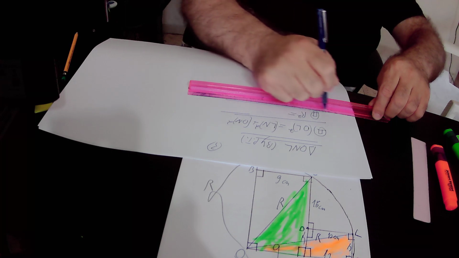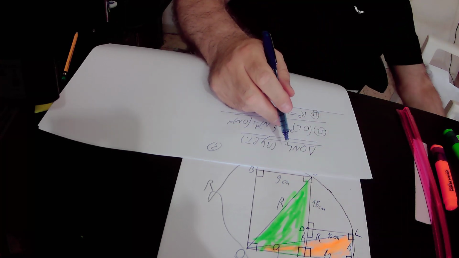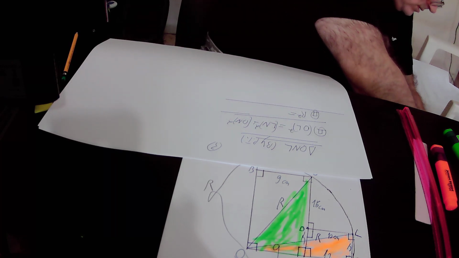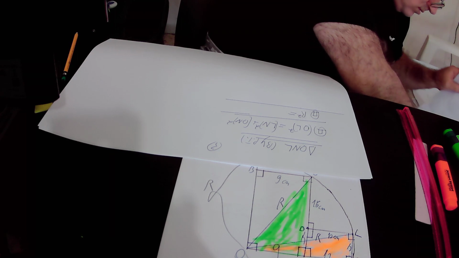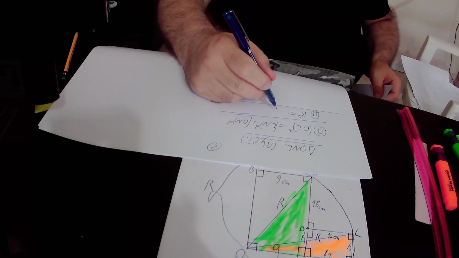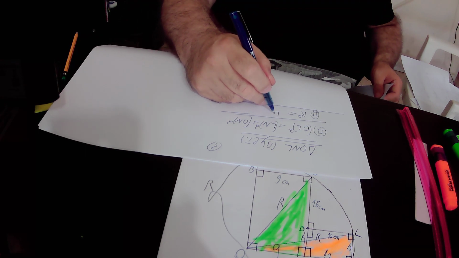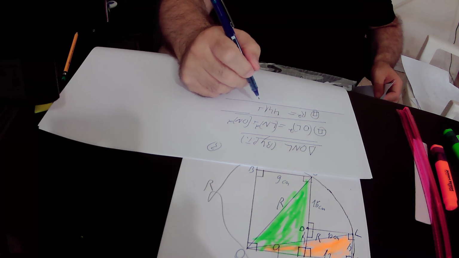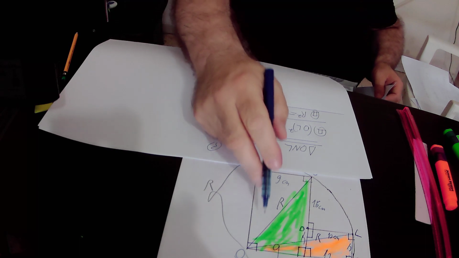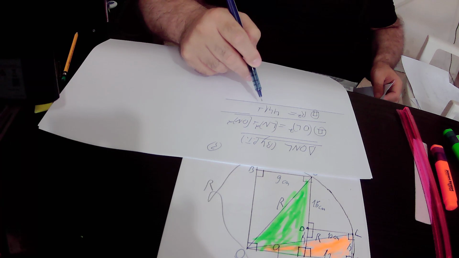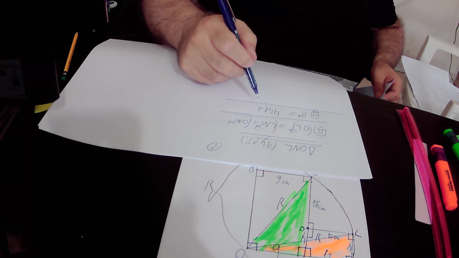We have already found out that ON equals 21 units. So ON squared is 21 squared. 21 squared is 441.